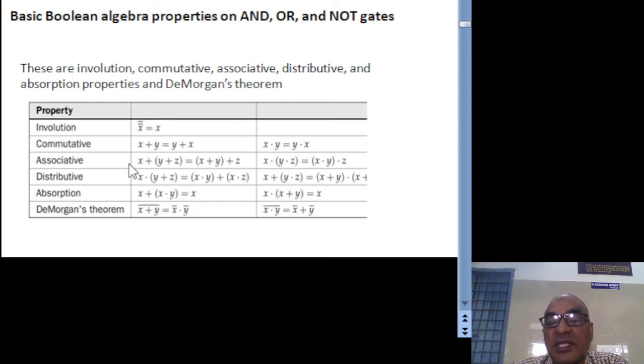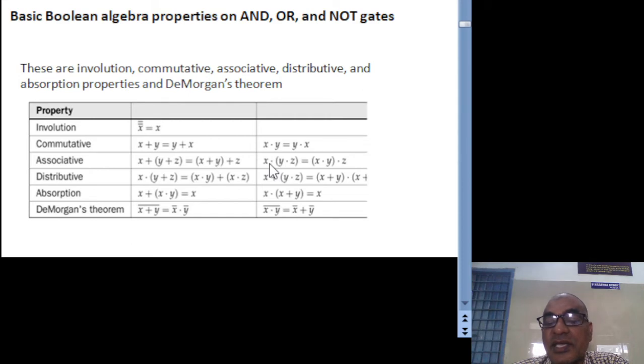Similarly, the associative case is also about order, but on 3 variables, on logical AND and OR operations. With reference to the OR operation, x plus (y plus z) equals (x plus y) plus z.